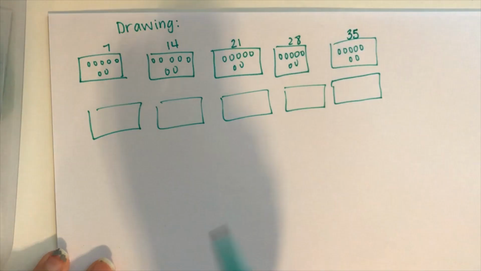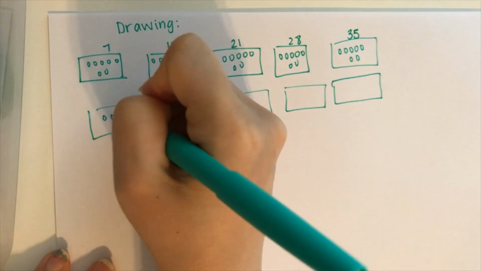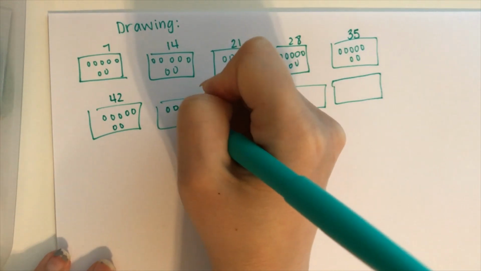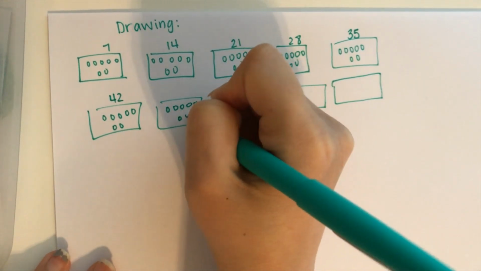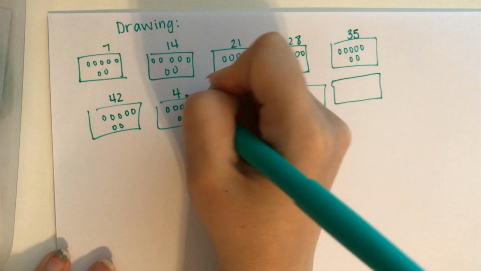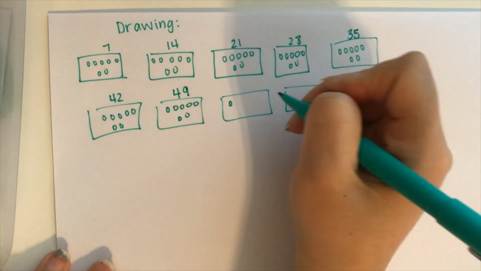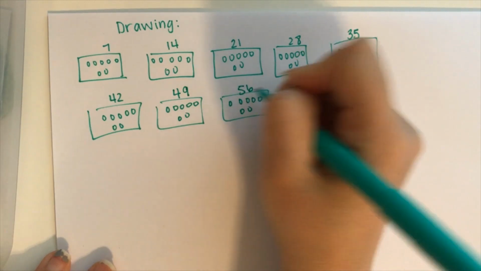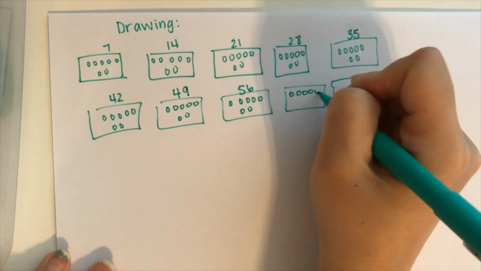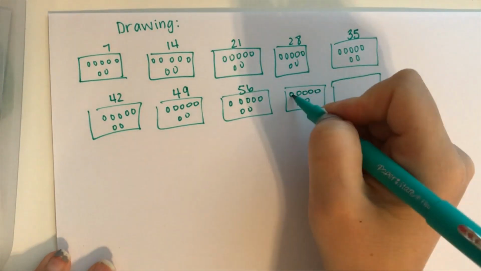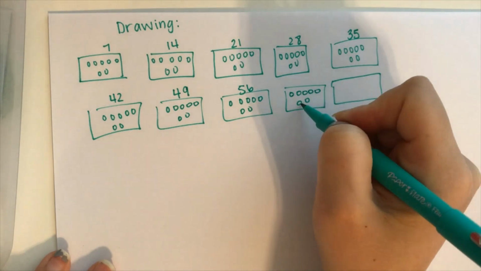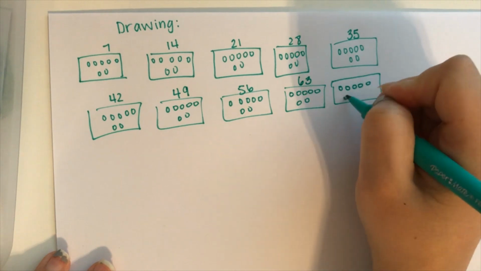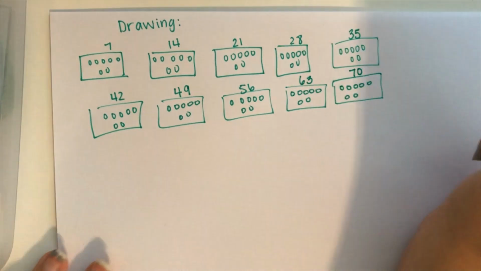That's how I'm doing it in my head right now. 42. 49. 56, 57, 58, 59, 60, 61, 62, 63, and 70.